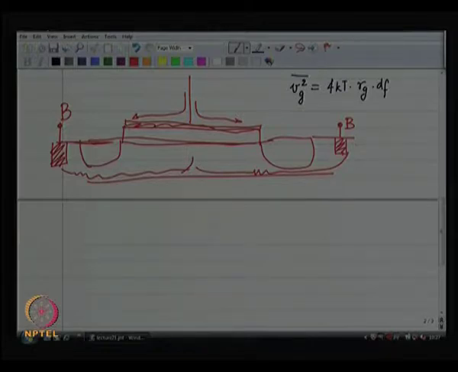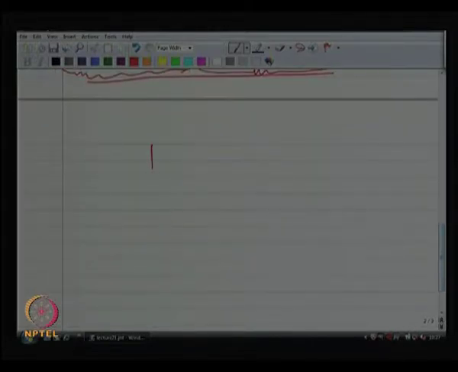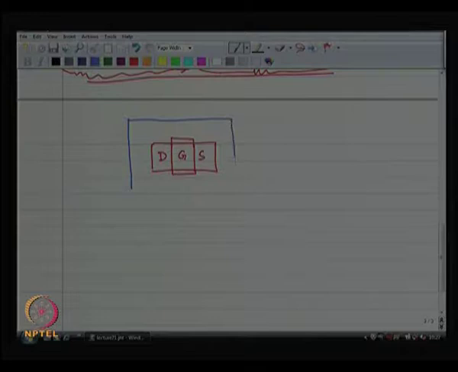So, on the top view, suppose this is my MOSFET, and around the MOSFET I have made a set of body contacts.